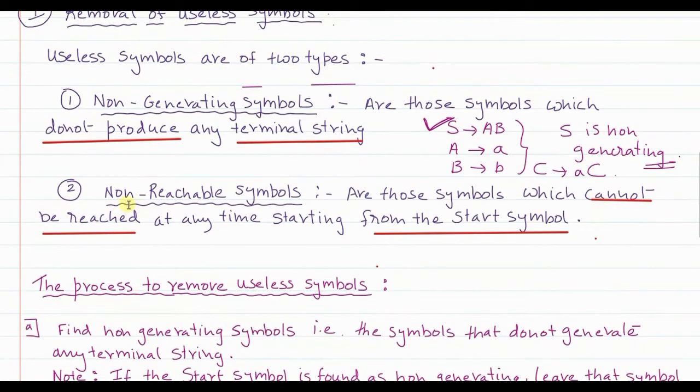Next we are going to see what are non-reachable symbols. Non-reachable symbols are those symbols which cannot be reached at any point of time starting from the start symbol.